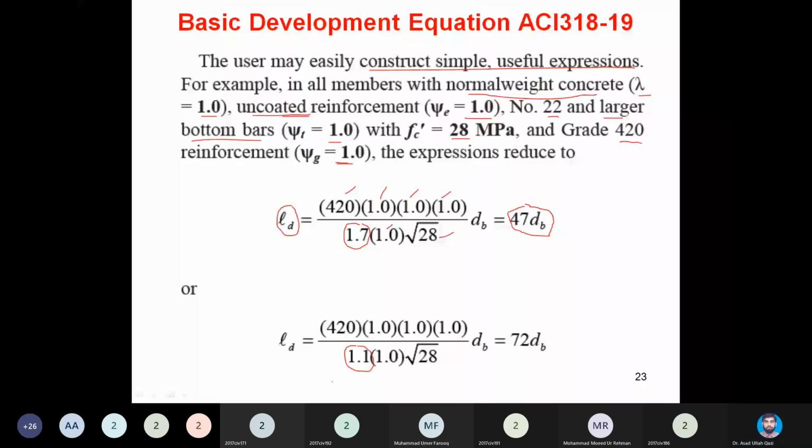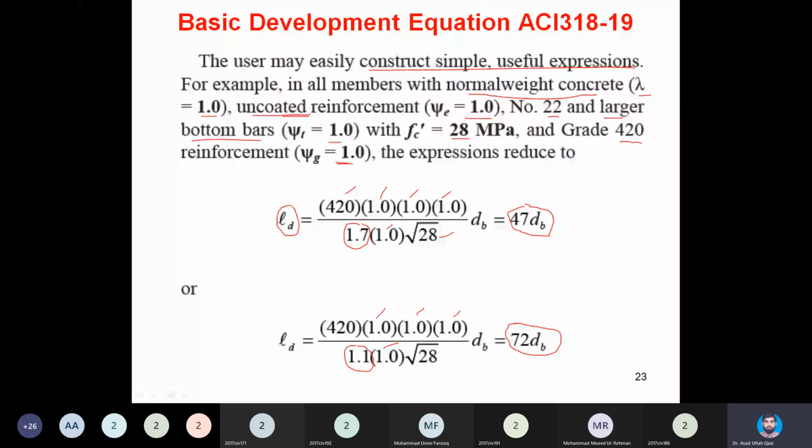So then the equation recommends that the straight deformed bar in tension for number 22 and larger diameter bars will be 72 db. So it jumps from 47 to 72 db.